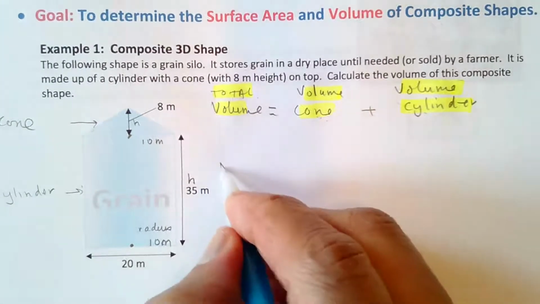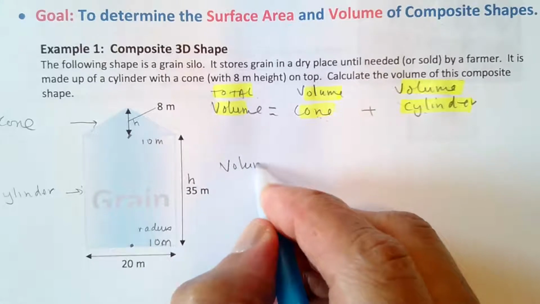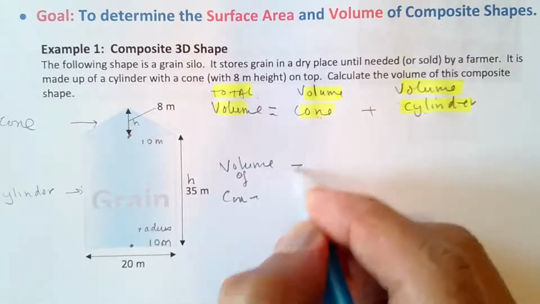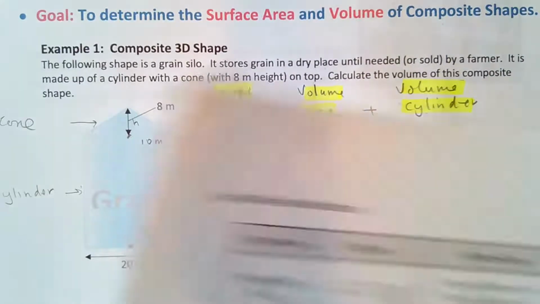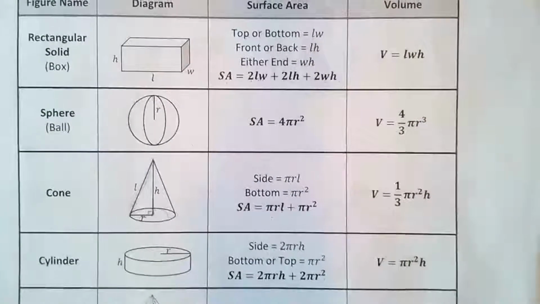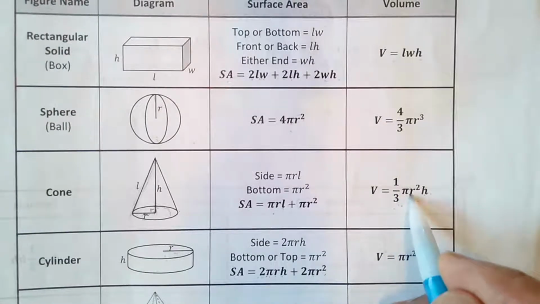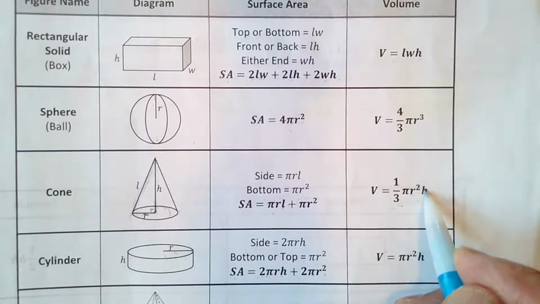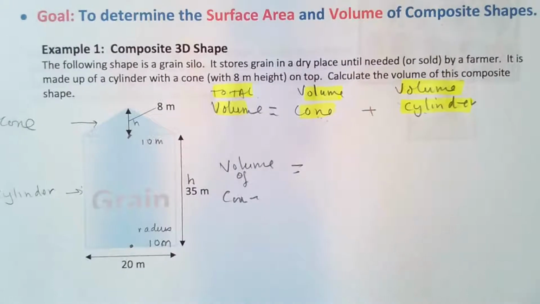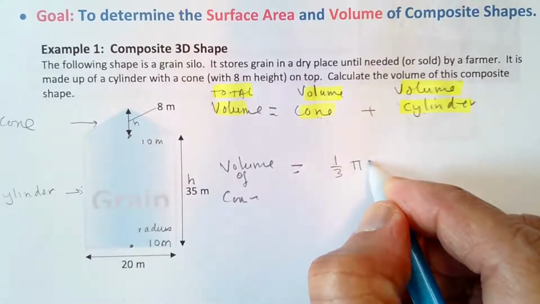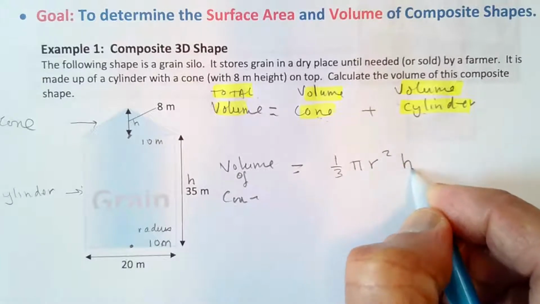So volume. Now we have to go to our formula sheet, and we know the volume of a cone is 1/3 pi r squared times height. So we'll record that: 1/3 pi times the radius squared times the height.